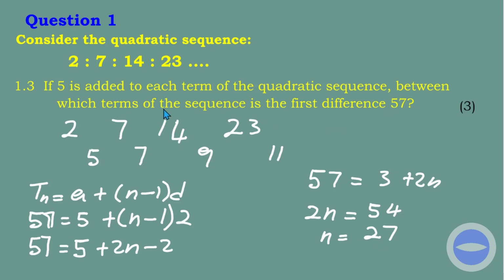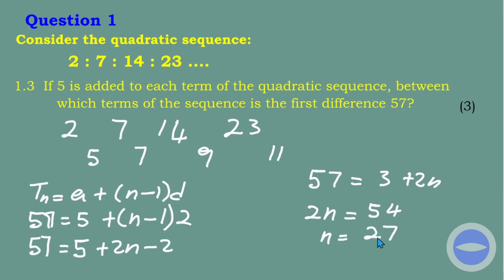The question says between which terms, so here they want two terms. Between which terms of the sequence is the first difference 57? Like here, between term 1 and term 2 we have 5, and between term 2 and term 3 we have 7. So they want to know which two terms will make 57.